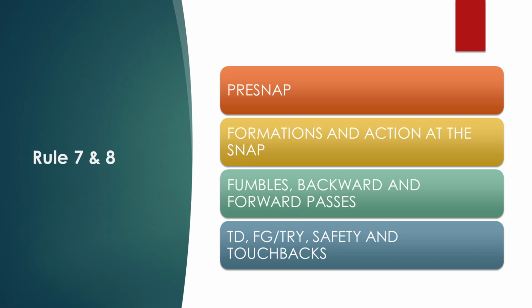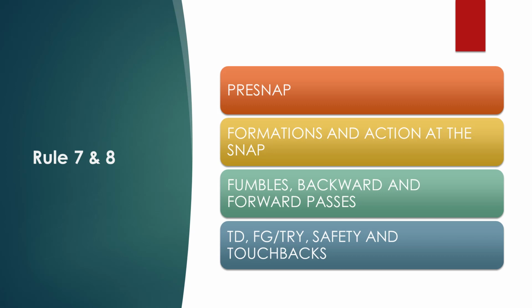Okay, Rule 7 and 8, our focus this week, looking at snapping and passing the ball, and then scoring plays primarily. So first thing, pre-snap: what can the teams do prior to the snap, ready for play, and so on? What can and can't they do?